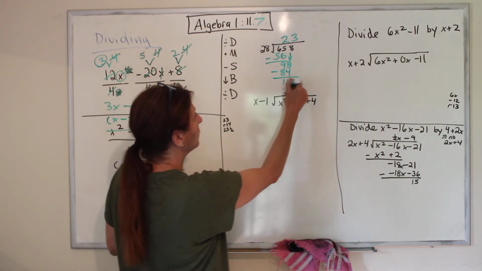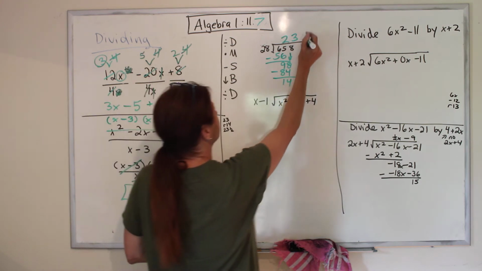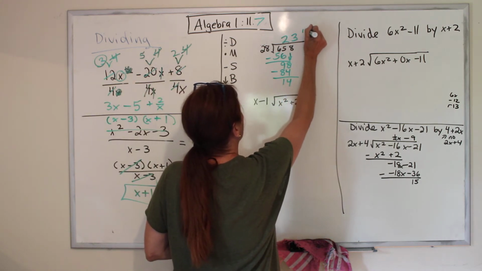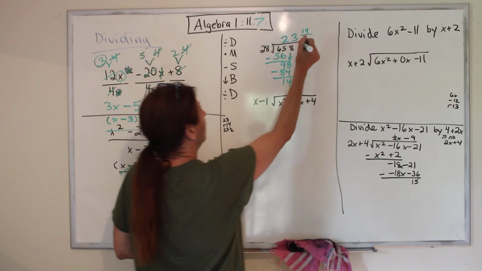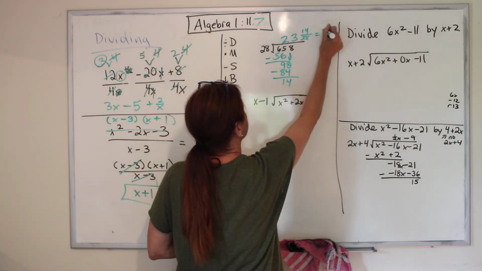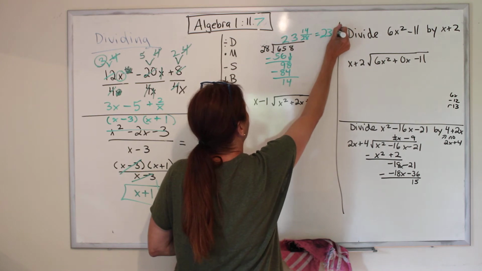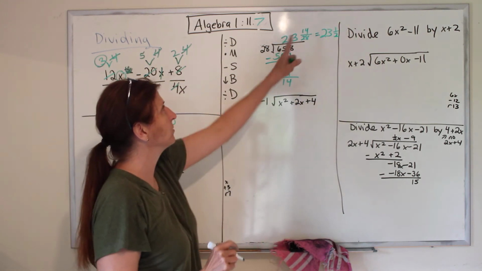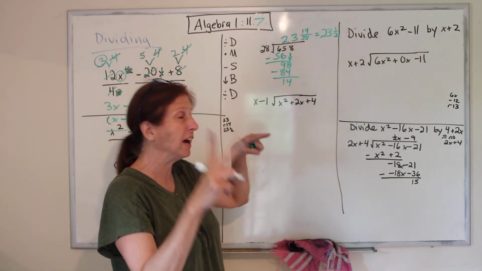And how they want us to write our remainder is a fraction, 14 over 28. But 14 over 28 is the same thing as 1/2, because 14 goes into 28 2 times.